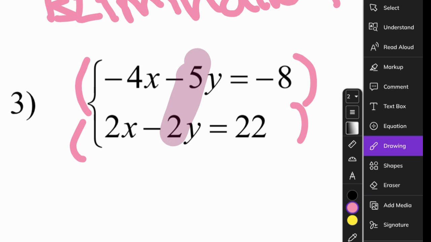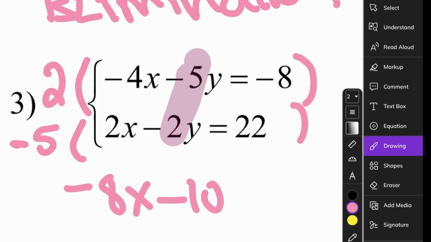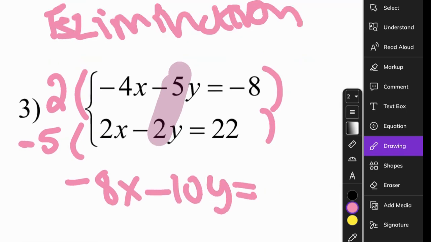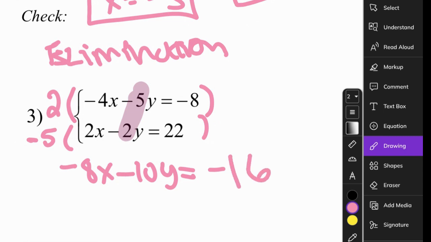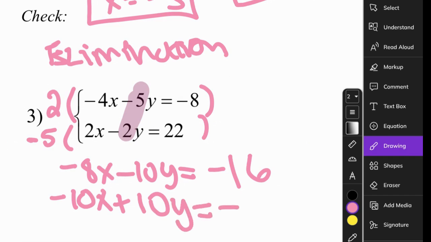So multiply this by 2 and then this by 5, and then one of them has to be negative because they're both positive. So it would end up being -8x minus 10y equals -16. And then we have -2x plus 10y equals -22 times 5. We have that. So 110.